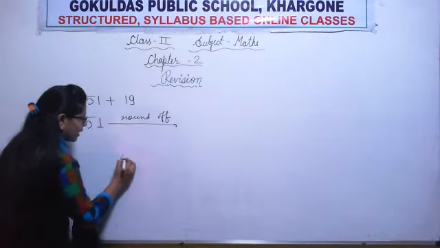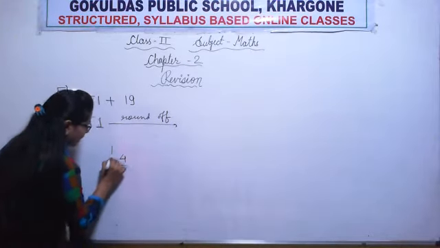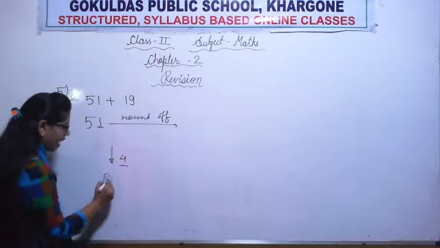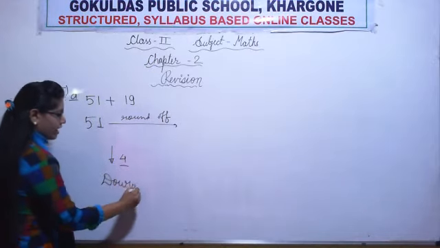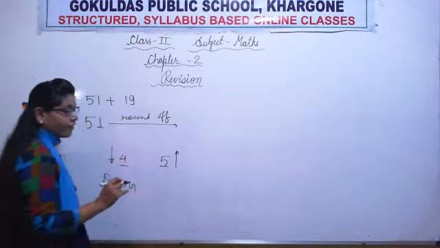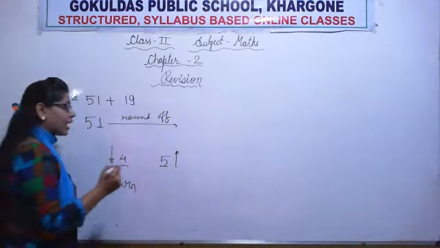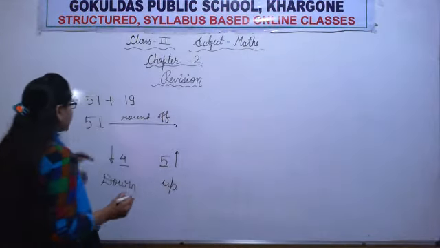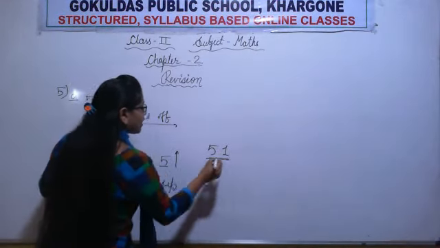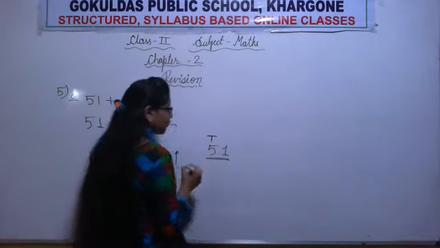Whenever we see the number 4 or a number lesser than 4, we will round down. Whenever we see the number 5 or a number greater than 5, we will round up. Suppose 51 is there. We have to round off to the nearest tens.